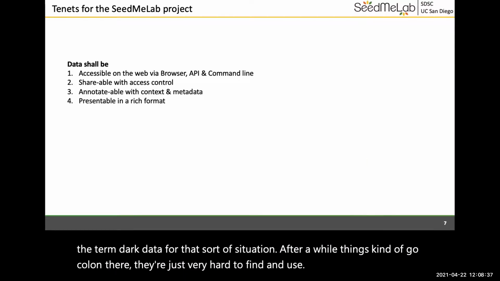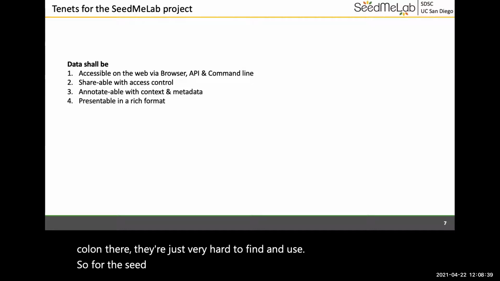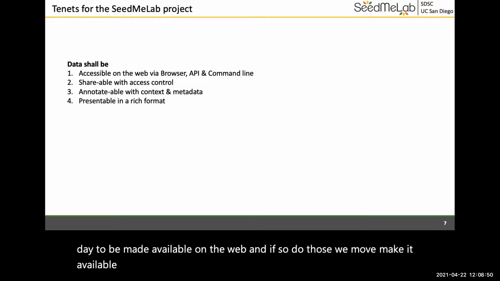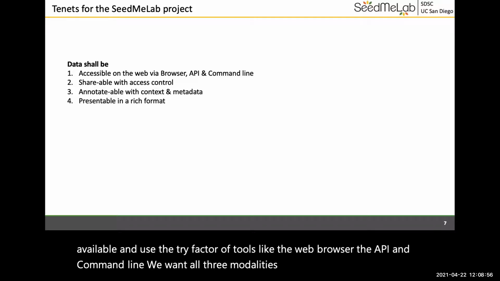So for the SeedMeLab project, our thinking was, can some part of the data be made available on the web? And if so, can we make it available and use the trifecta of tools like the web browser, the API, and command line? We want all 3 modalities available to manage this data.